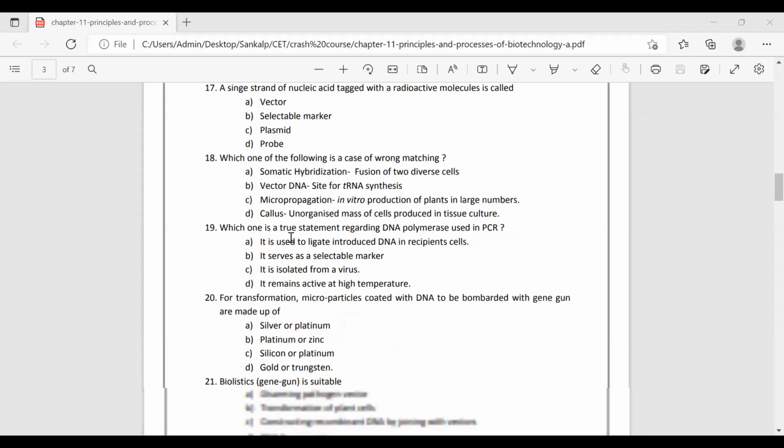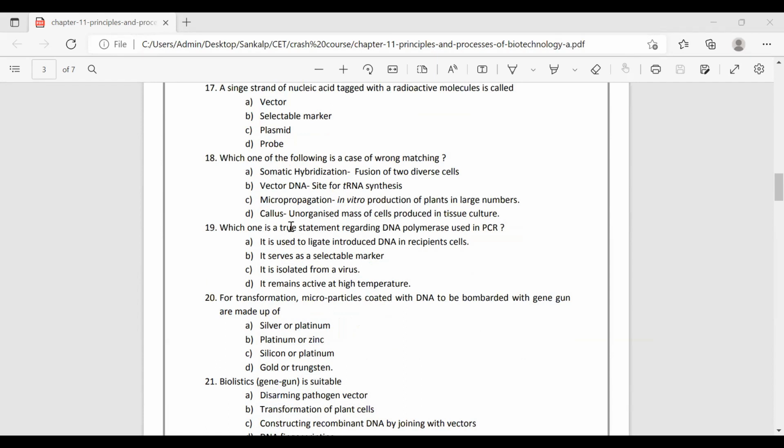20th question. For transformation, microparticles coated with DNA are bombarded with a gene gun. The microparticles coated with the DNA are made up of option A, silver or platinum, option B, platinum or zinc, option C, silicon or platinum, option D, gold or tungsten.